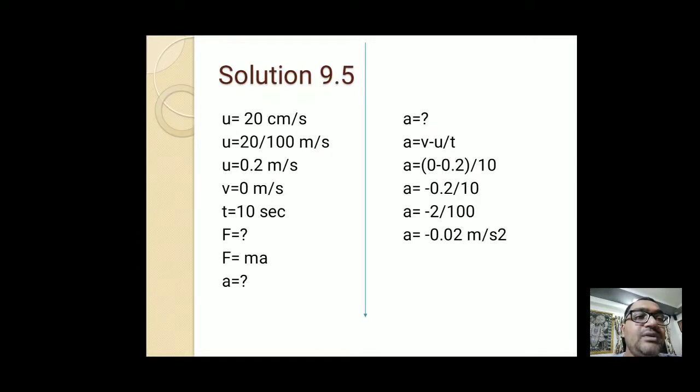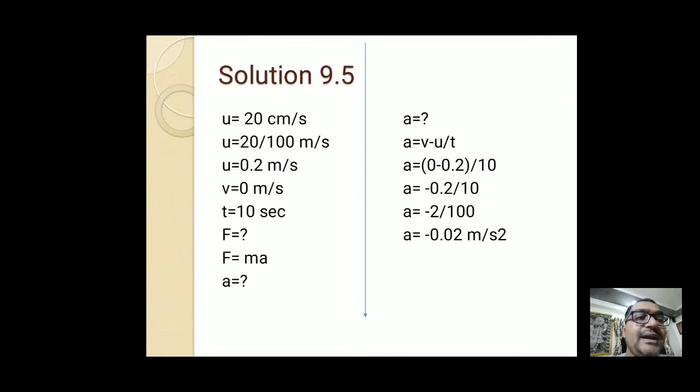Now we can put the values in. a is equal to v minus u upon t, where v is 0 and u is 0.2, divided by time, which is 10 seconds. So a is equal to 0 minus 0.2, which is minus 0.2 divided by 10. Removing the decimal point it becomes minus 2 upon 100, and when we divide, a is equal to minus 0.02 meter per second square.